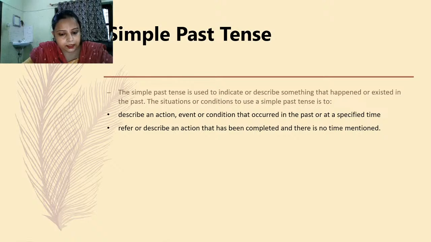Now, let's see the next one. It describes an action that has been completed where there is no time mentioned. There is no time mentioned means I am telling you, last year I went to Delhi. I am not giving you the exact date when I went, but I am giving you just an idea that yes, I went to Delhi last year.